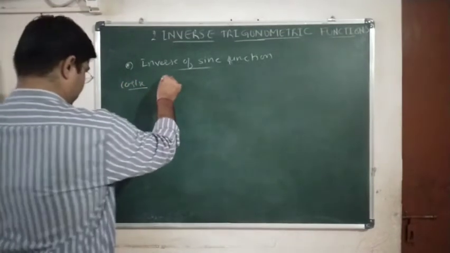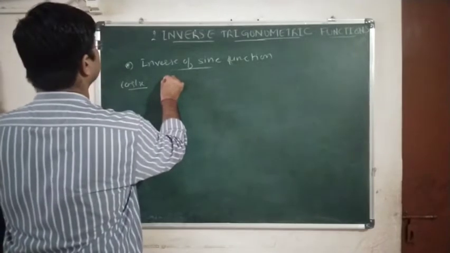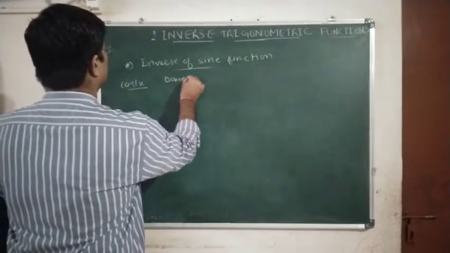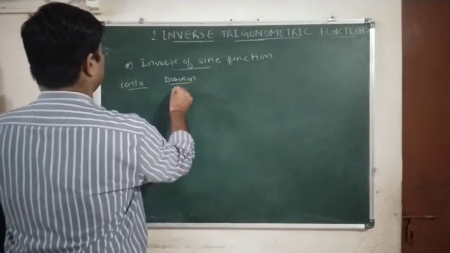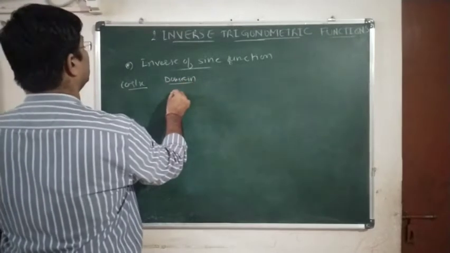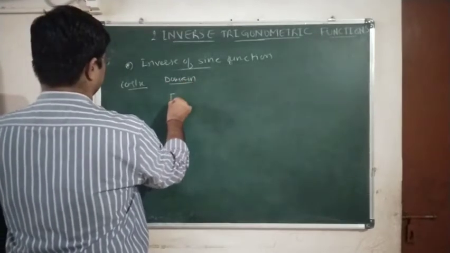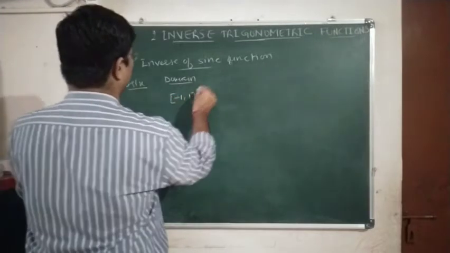For cos inverse x, the domain is minus 1 to 1.